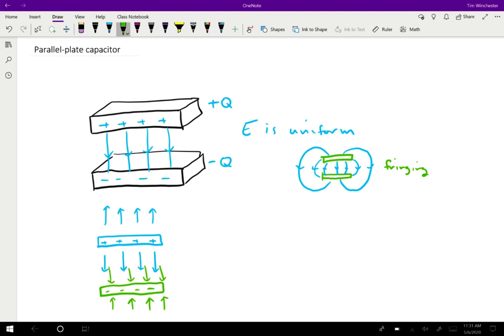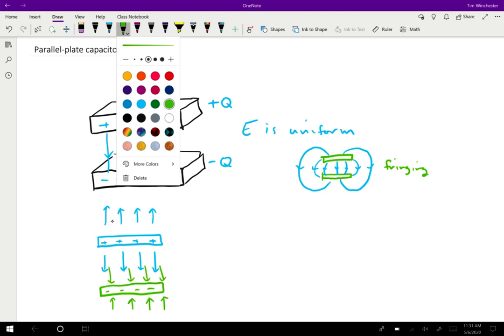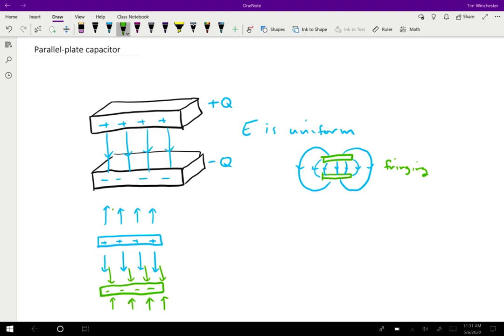The negatively charged plate will also have an electric field towards the negatively charged plate way out here. We're assuming that it's basically independent of distance. And the same for the positively charged plate. The electric field will point away from that plate everywhere, like this.